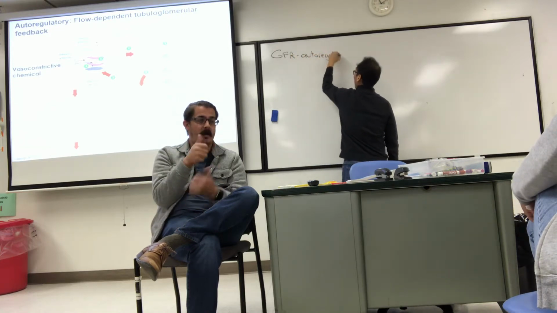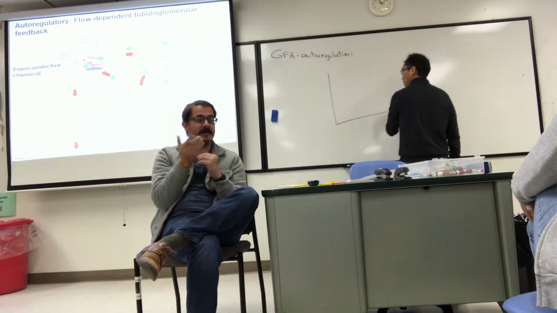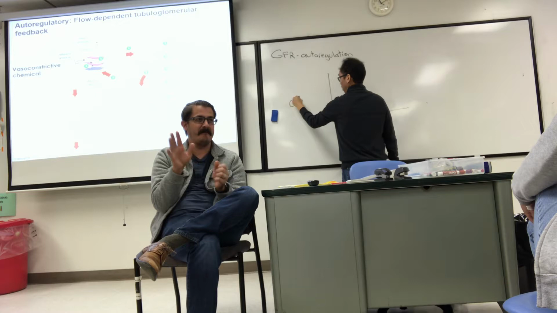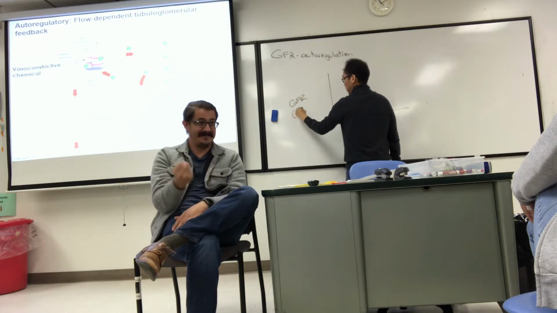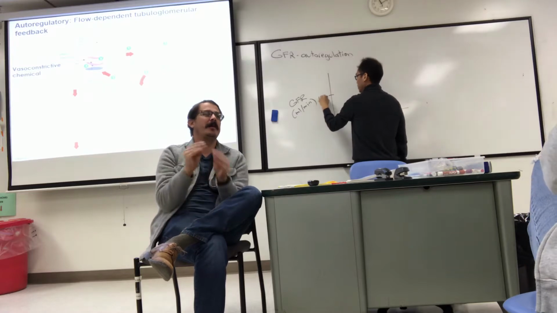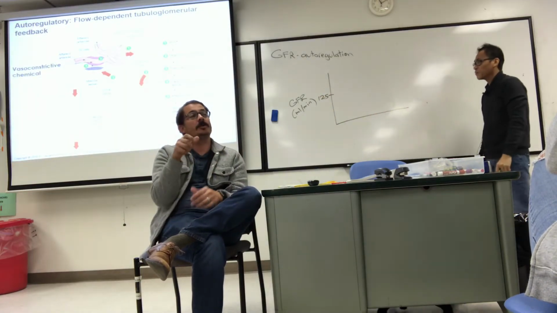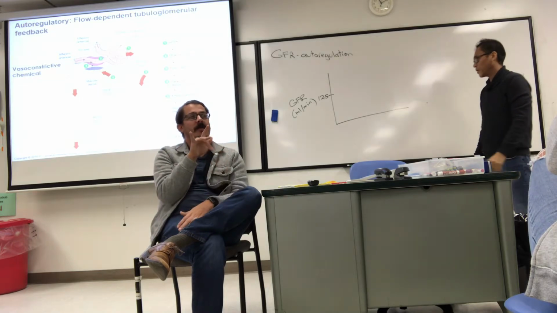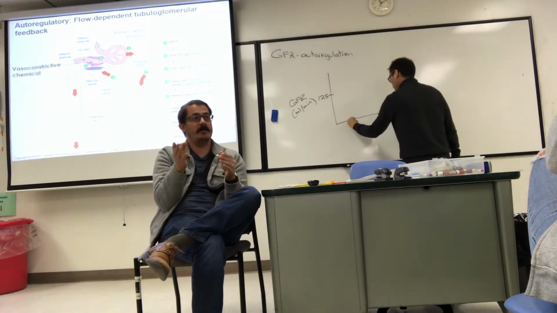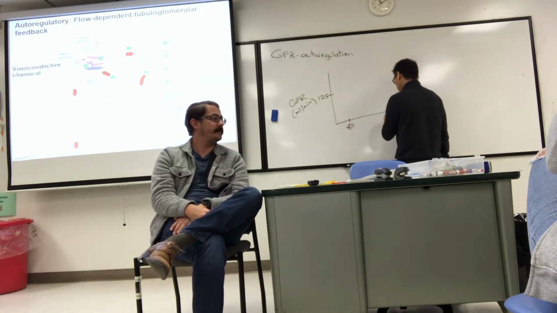autoregulation. If you were to plot the GFR in mils per minute, what you would see is that it would pretty much maintain 125 mils per minute over a wide range of blood pressure, 80 to 200.